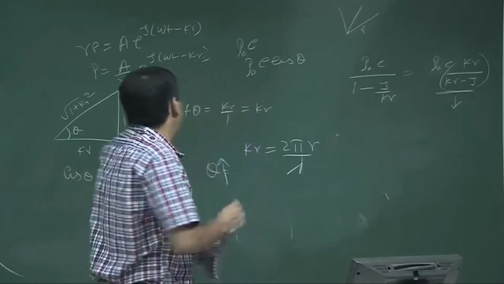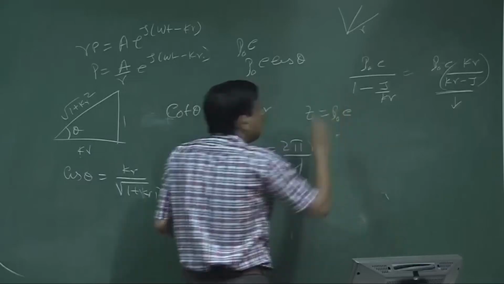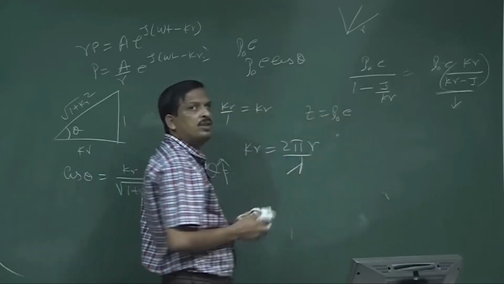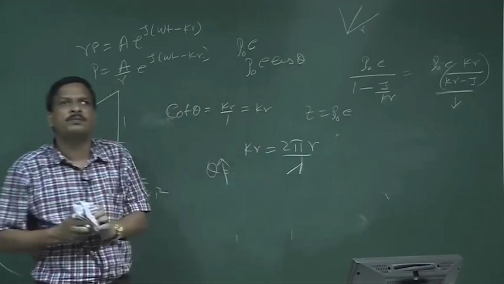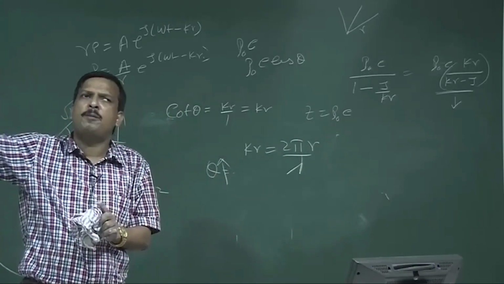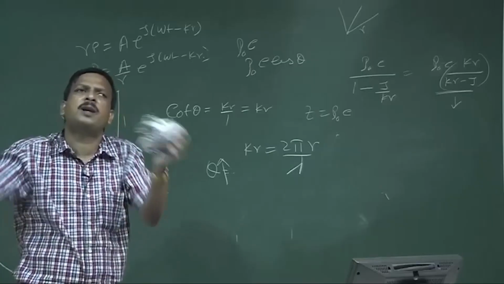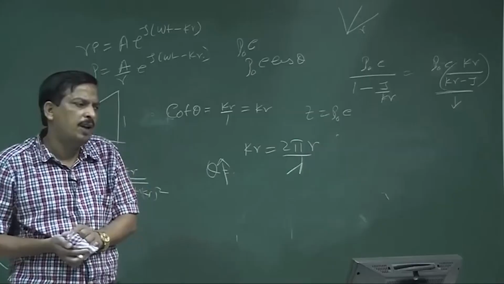So in that case, Z becomes rho 0 c cos 0, which is 1. So far away from the source, although it is a spherical wave, it looks like a plane wave.